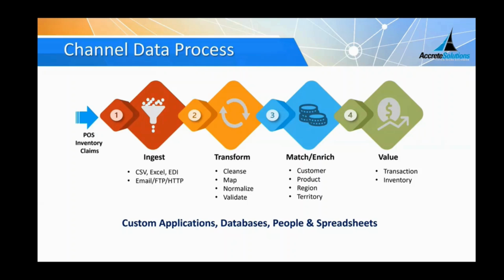You have to match that bill to and ship to customer against your customer master, because what's reported in the point of sales is with respect to your channel partner's information system. That stage is called matching. Once it's matched to your customer master or your product master, you enrich the data with additional information required for downstream processing, like regions and territories for sales commission calculations, for example.